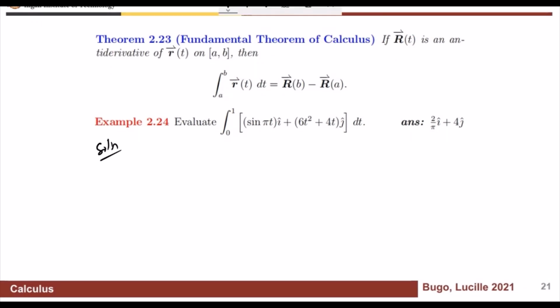So for example, 2.24, we have the integral from 0 to 1 of sine(πt) i hat plus (6t² + 4t) j hat dt.